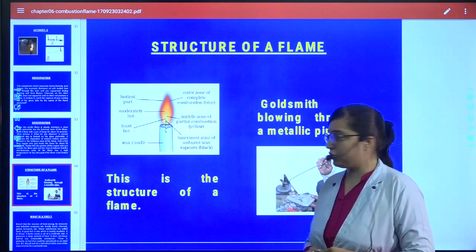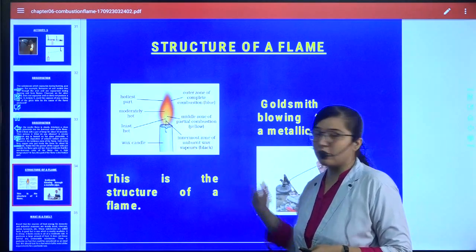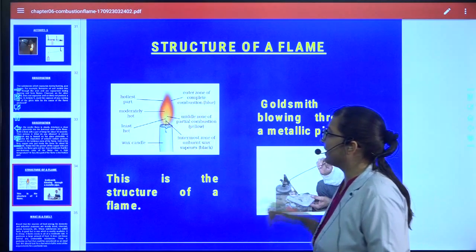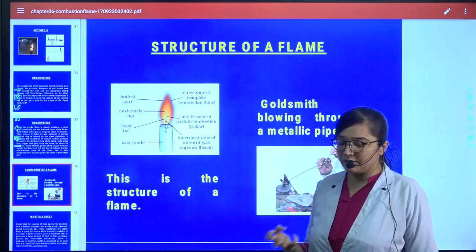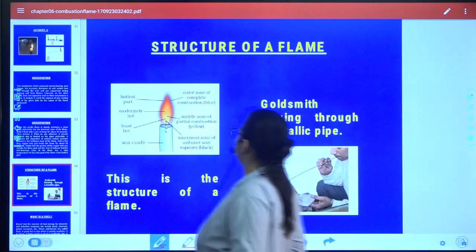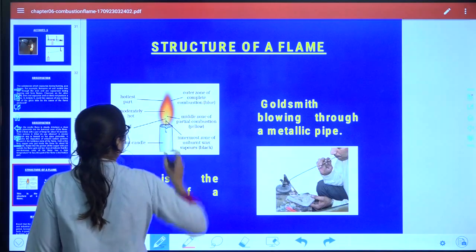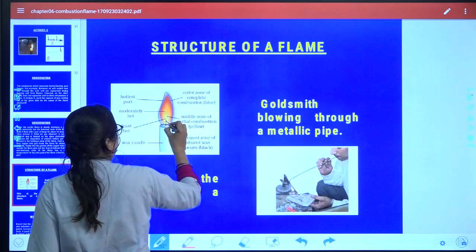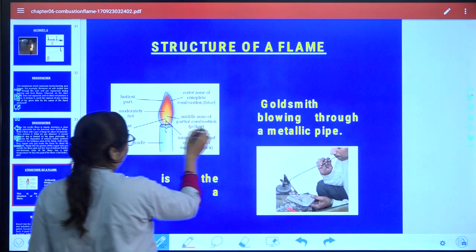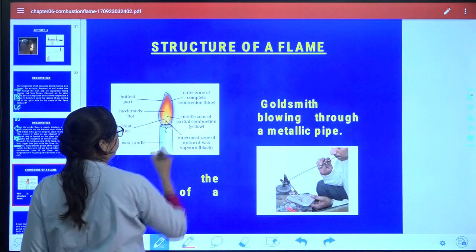Here you can see the outer zone is blue, because complete combustion is being carried out over here. Then the middle zone, where partial combustion is carried out, is yellow in color.